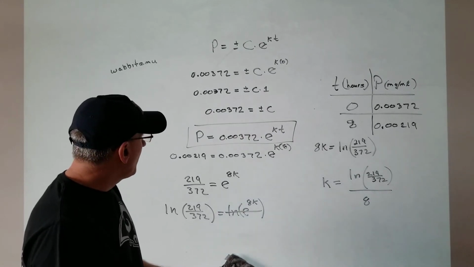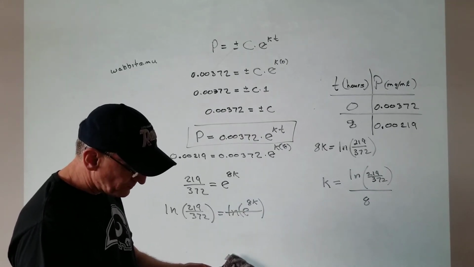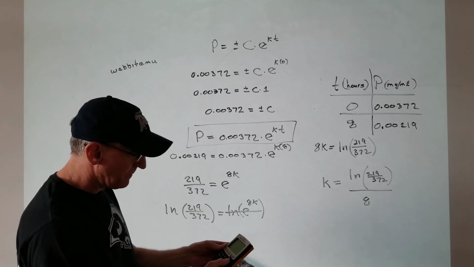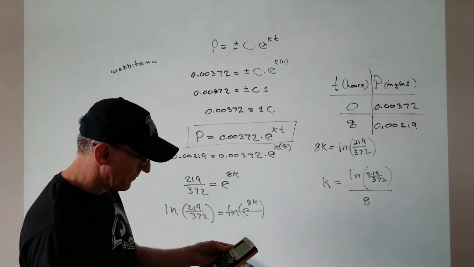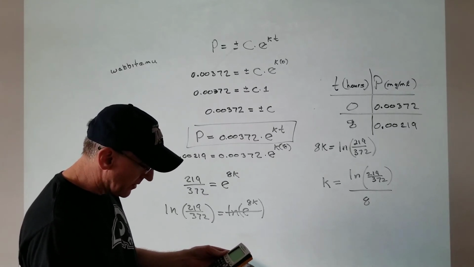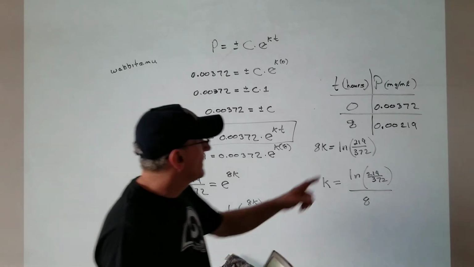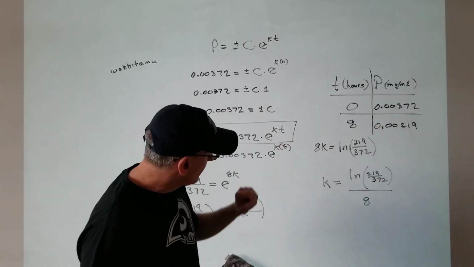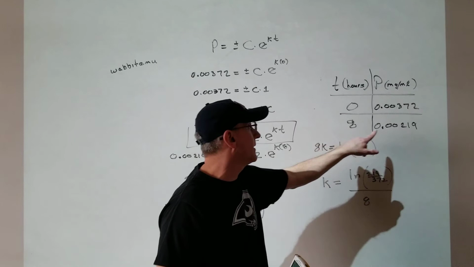If I pull up Y1 by using the vars button and evaluating it at 0, I get this answer, and I should. And I'm going to evaluate it at 8 to make sure I get that answer.